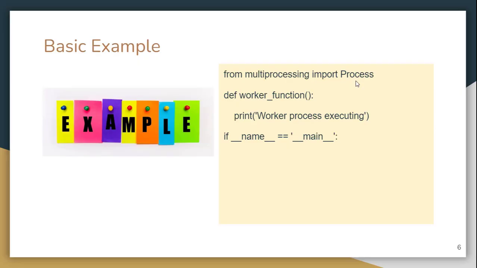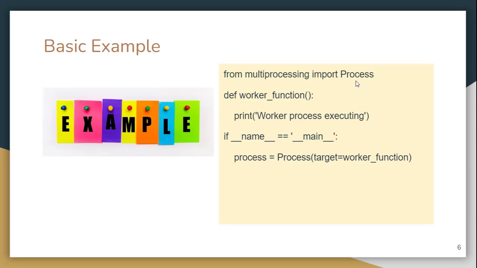You need to check if __name__ == '__main__':. After the colon, we check whether name is equal to main or not.